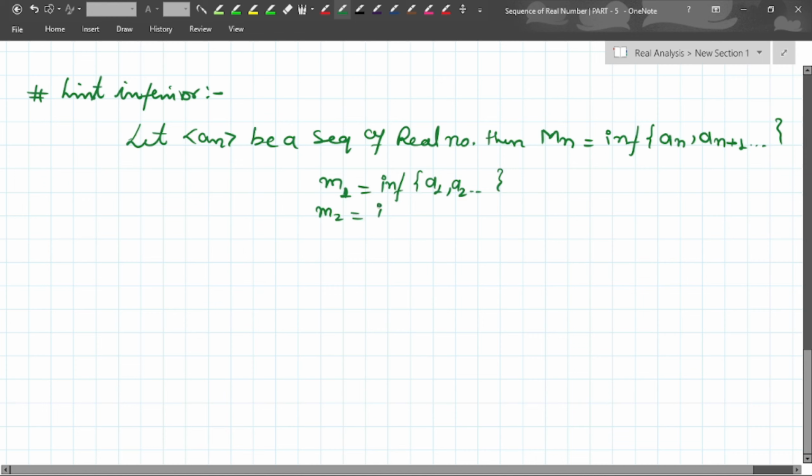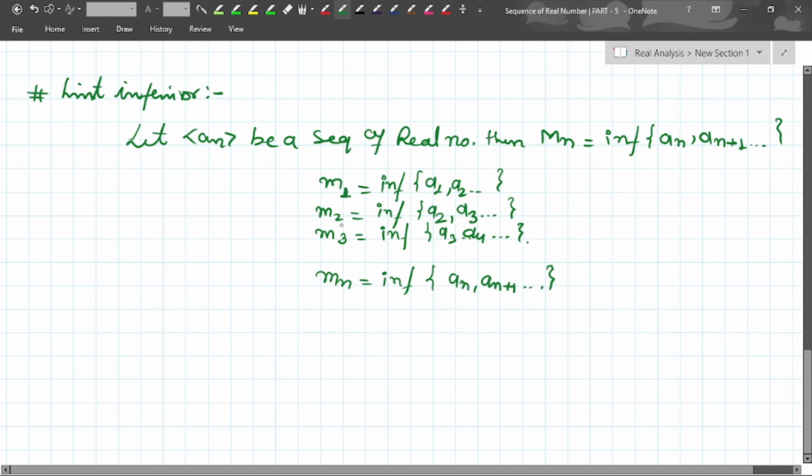Whatever my m2 is, that is the infimum of a2, a3. It will start from 2 only. And after that m3 is the infimum of a3, a4, and so on. So from here, mn is nothing but the infimum of an plus 1 onwards. So it will be monotonically increasing.